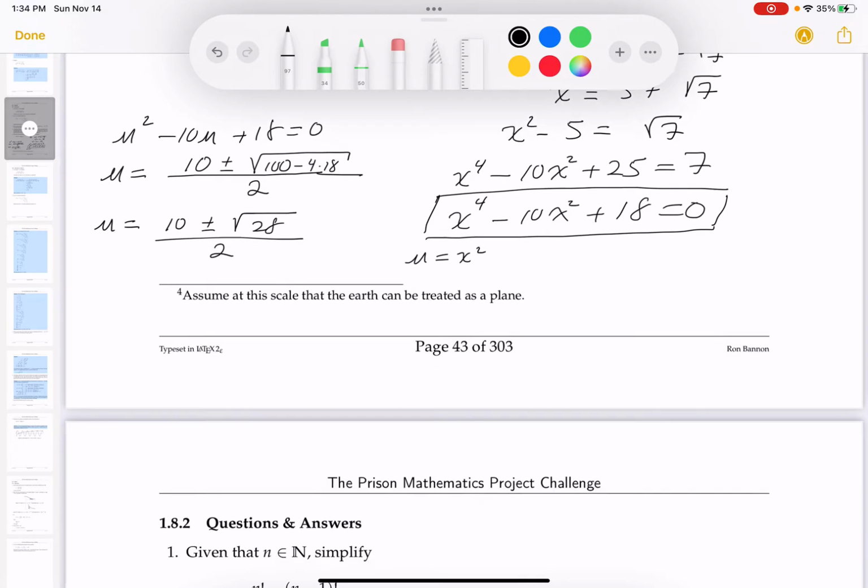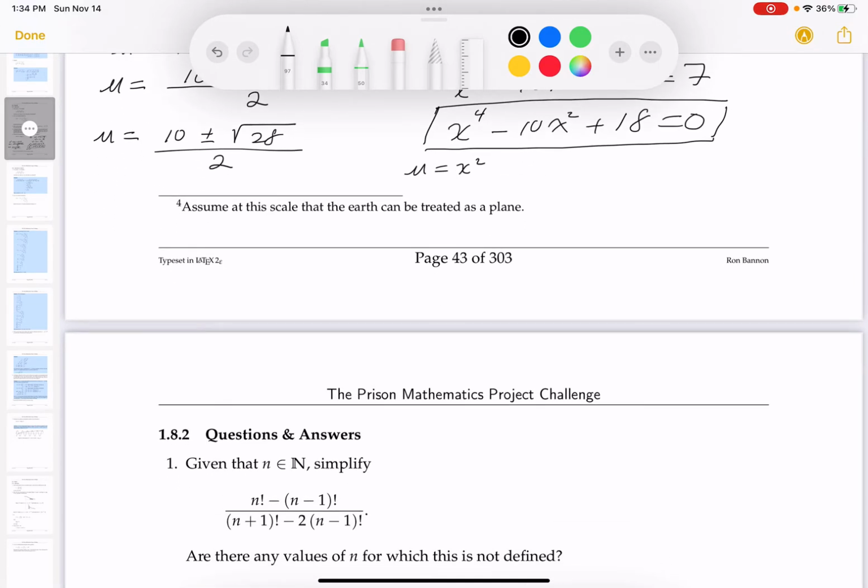I want to clean this up. And what are you going to get? You're going to get u is equal to 5 plus or minus. You may wonder why I'm saying 5, because 2 goes into 10 5 times. Now the root of 28 is 4 times 7, which is 2 root 7s. So what do I get there? I get plus or minus root 7.